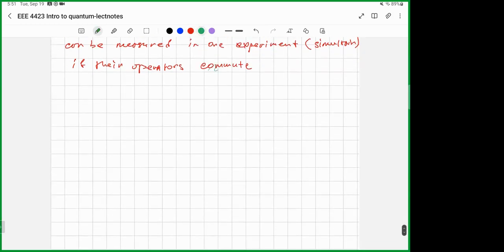So this new word, commutation. When we are talking about commutation, we consider two operators or two matrices, A and B. And if these operators commute, it means that the product of these two operators doesn't depend on the order. So A times B is equal to B times A.